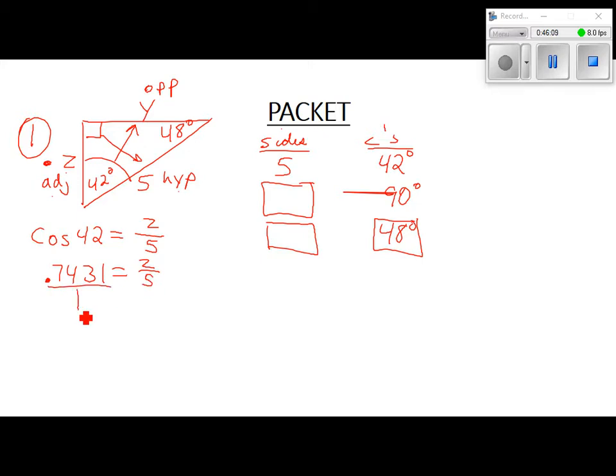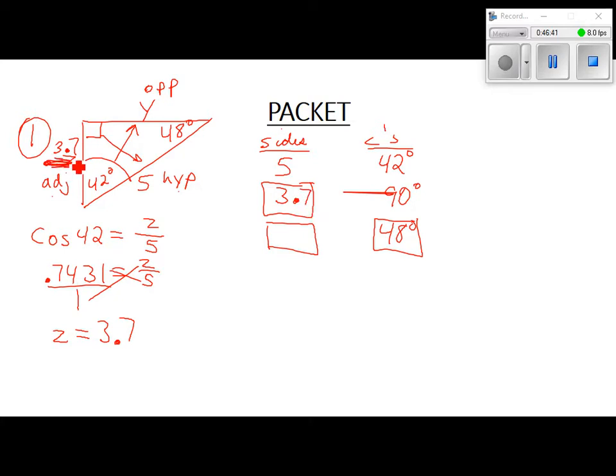This is one of the nice ones, right? Because when we cross multiply, what do we get right here? Just 1Z. When we cross multiply the other way, what do we get? 3.7. Anybody else get that? Is that what it rounds off to? Yeah. So how long is this side right here? 3.7. In this box, that's one of the sides, 3.7.